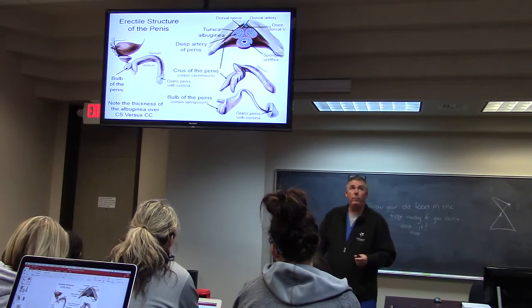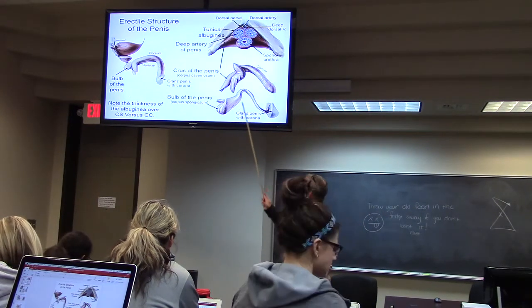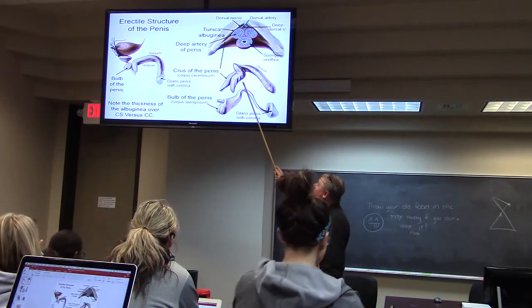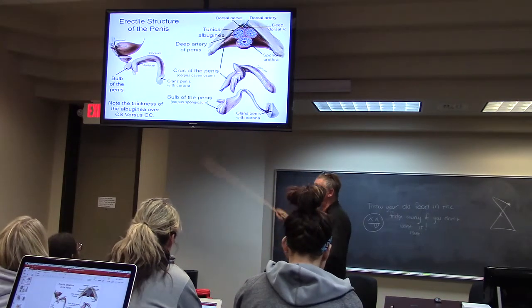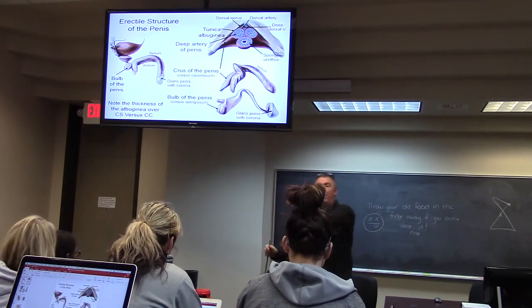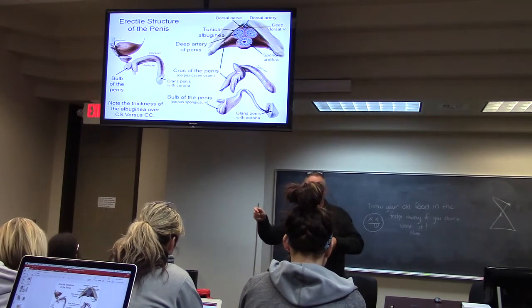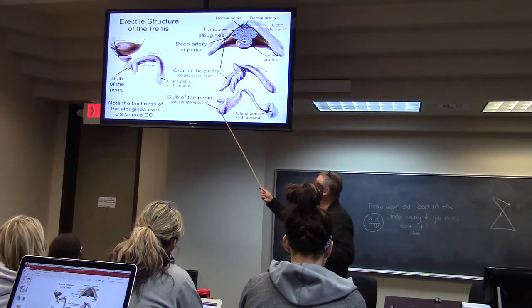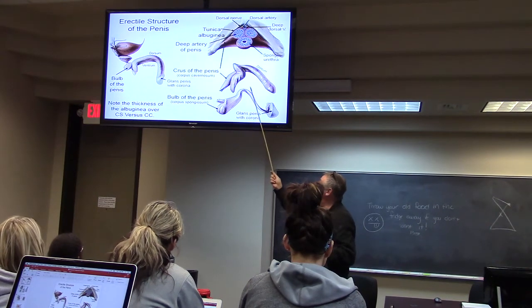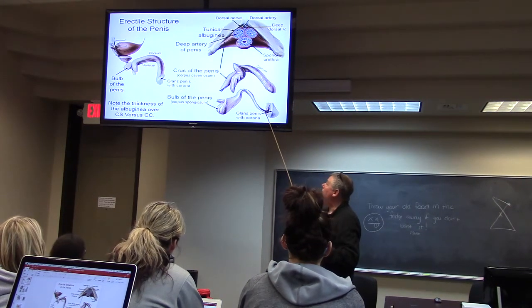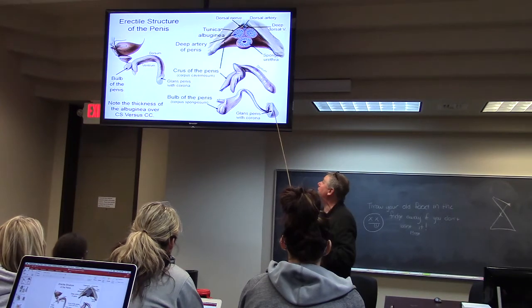All right, so here we go. Now I want you to understand this picture here. What we've done is we pulled the erectile tissue off of the spongiosum tissue. Here's the bulb of the penis, and here's the corpus spongiosum. It ends as the glans down there.